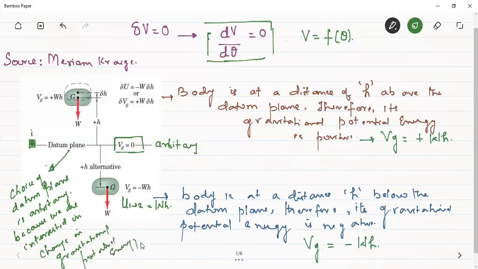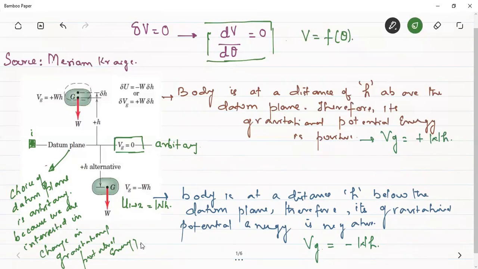We are not interested in the absolute values of the potential energy, rather we are interested in the change in the values of the gravitational potential energy, and the change will be independent of the position of the datum plane. Okay, it will be independent of the position of the datum plane.